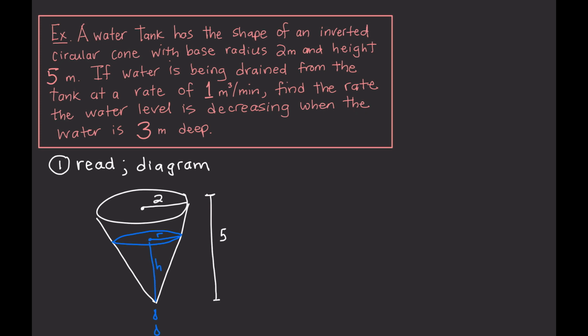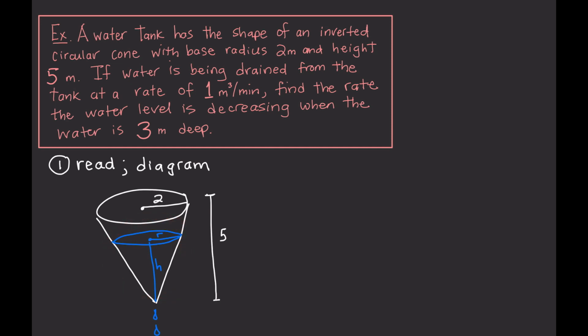I'm just going to call the water level H. And you can see that as the tank empties, the radius that you see here and the height that you see here are constantly changing. This radius is fixed. It's the radius of the container, and this height is fixed. But this inside sort of cone shape of water is constantly changing.